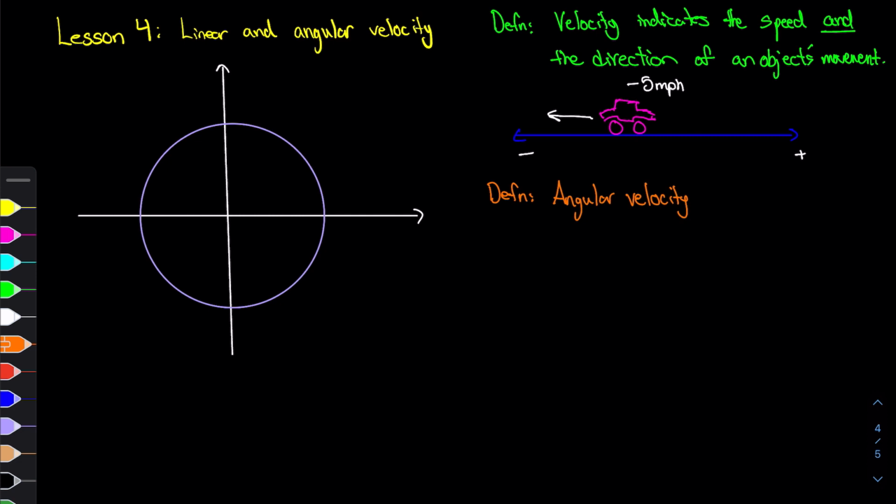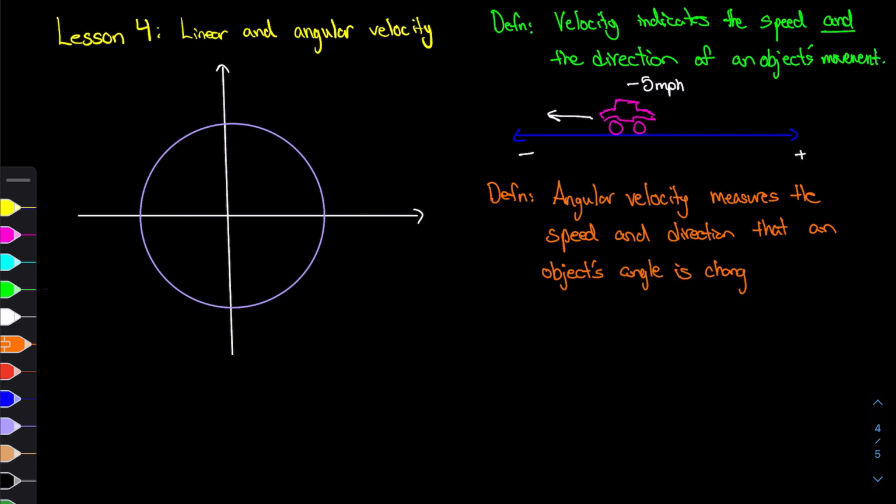So angular velocity measures the speed and direction that an object's angle is changing if that object is moving on a circle.